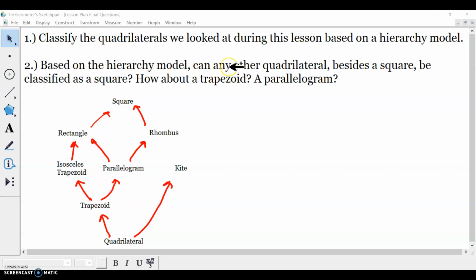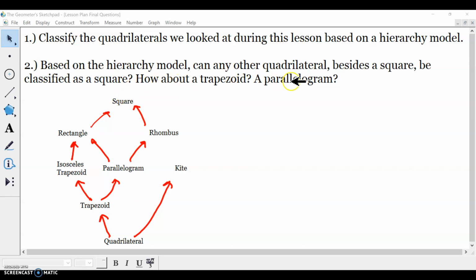So based on this model, can any other quadrilateral besides square be classified as a square? And the answer is no, because a square has very specific requirements, such as 90-degree angles, all 4 of them, and all equal sides. So a square can be considered any of these, but nothing else can be considered a square.